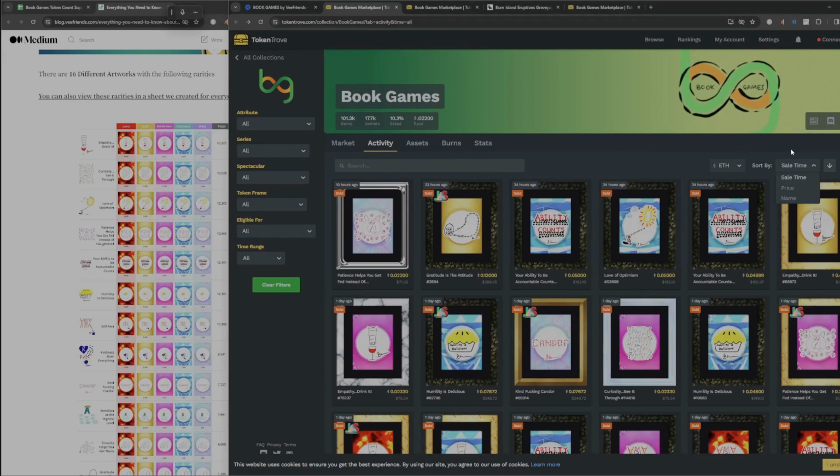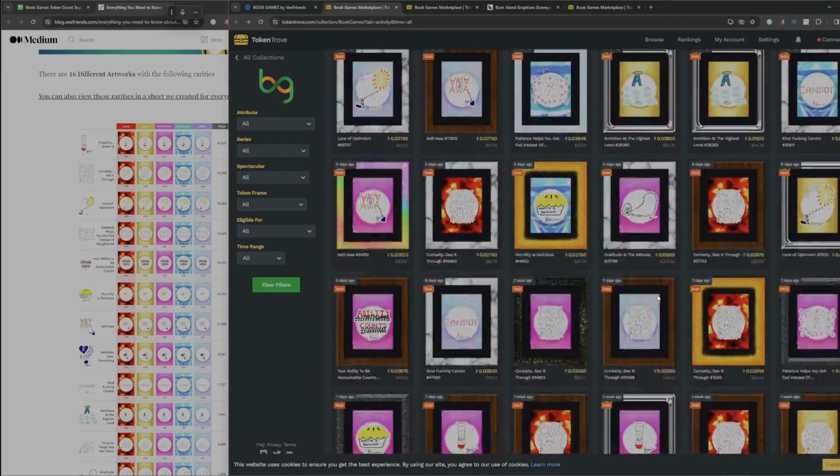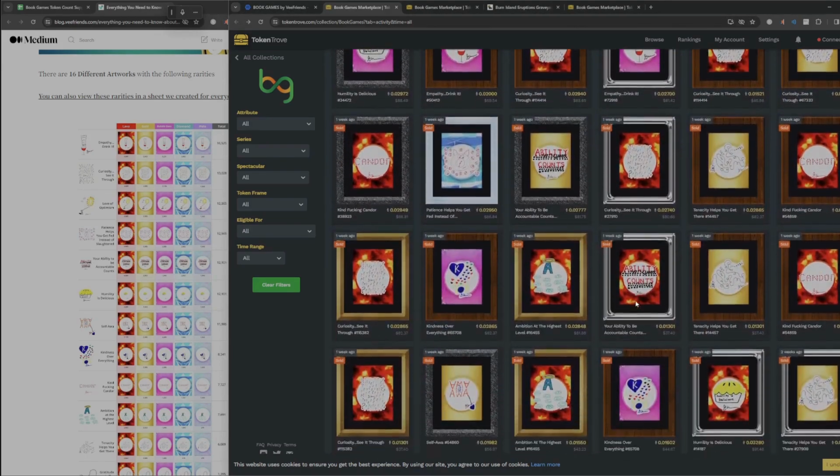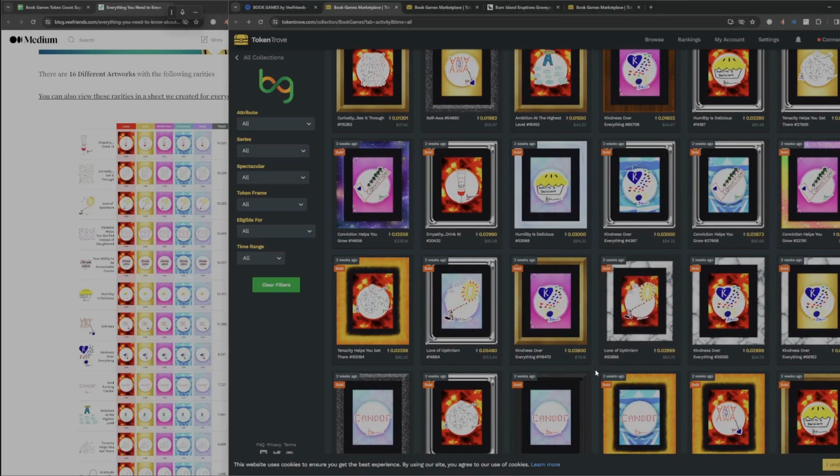Similarly, in the activities section, sale time, you're like, okay, oh, wait, a lot of things are being sold for this specific reason. Maybe you can kind of get a handle on the value in that respect.